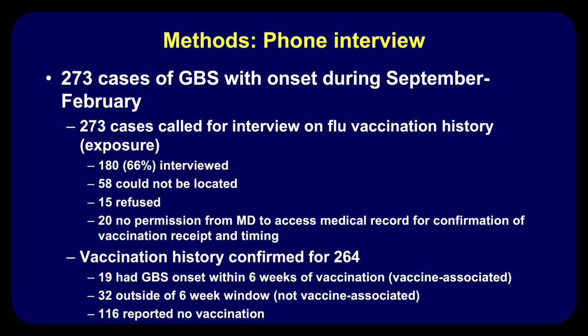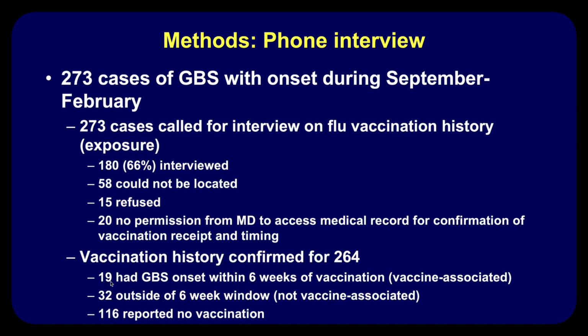So we asked for permission from these patients to contact the provider where they received the flu vaccine to get the date and timing, just to confirm the fact of vaccination. And so we were able to confirm vaccination history for about 264 of the people, and also timing of vaccination, which we then needed to relate to their onset of Guillain-Barré syndrome.